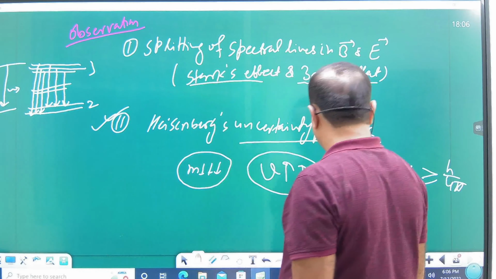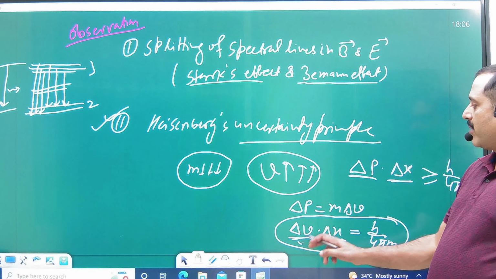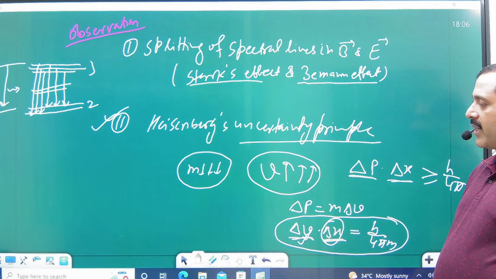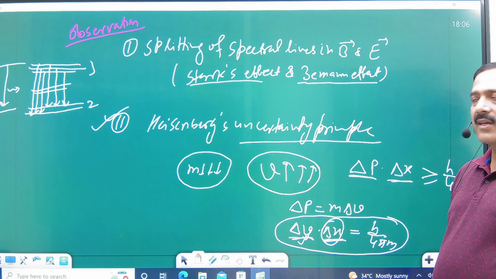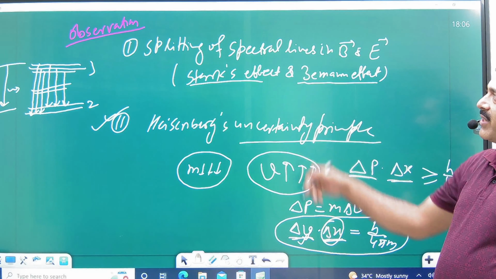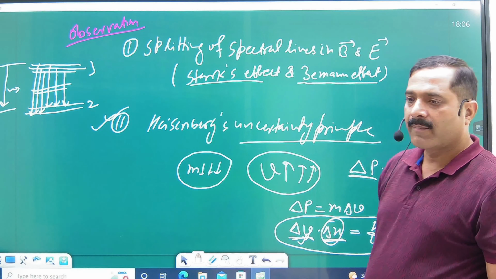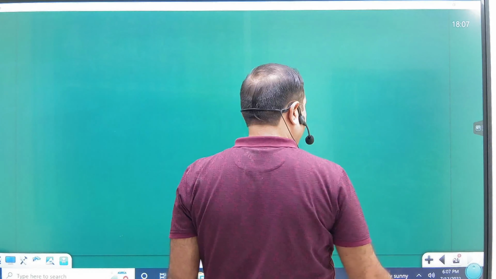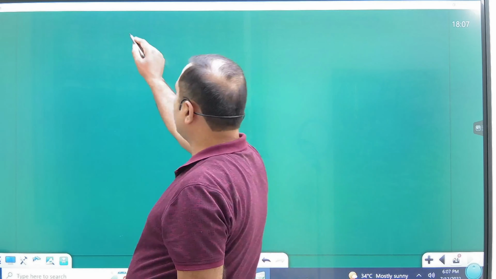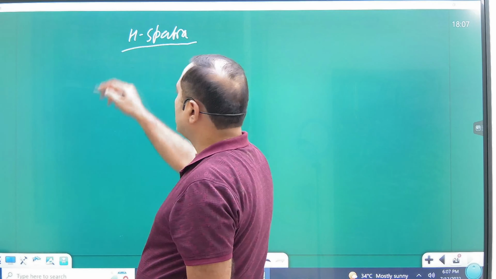And this is Heisenberg's uncertainty principle. If uncertainty in velocity is given, we can calculate the uncertainty in position and vice versa. So this was the major drawback of Rutherford, Bohr's atomic model. But Bohr successfully explained the wavelength of hydrogen spectra, and that's why this was accepted.